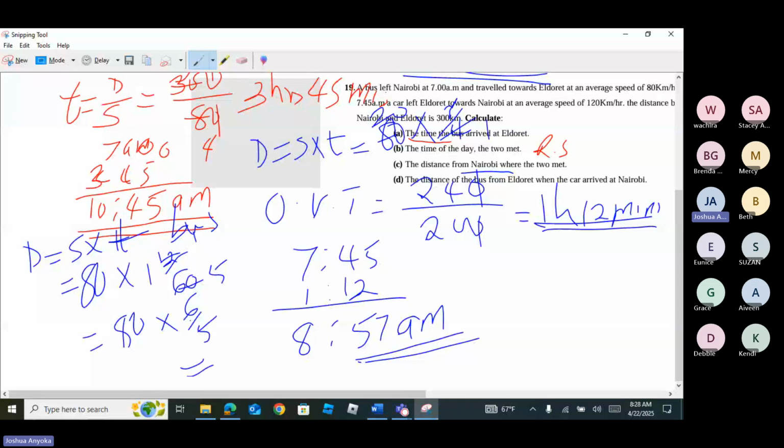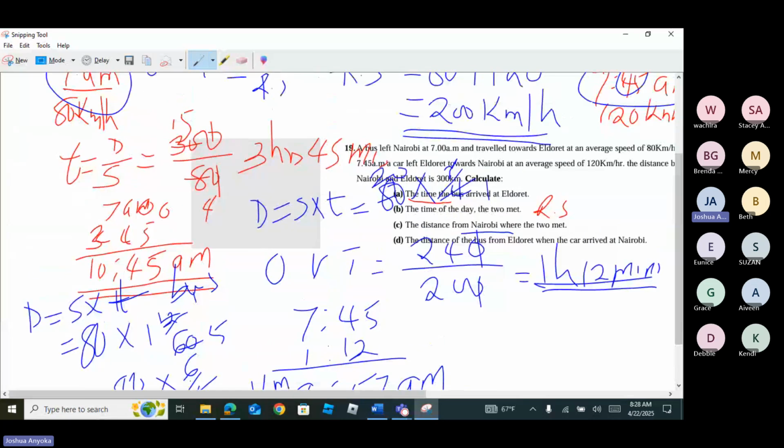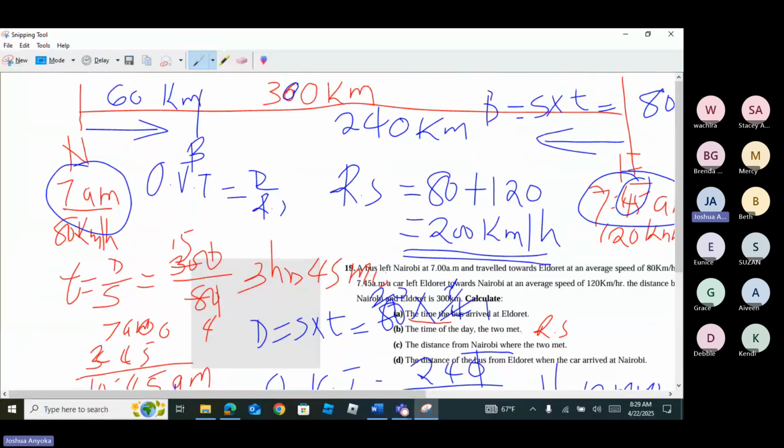And this one gives us what? Those who have calculators? 96. 96 kilometers. Yes. Remember, this 96 is not the actual distance. If we get back to our diagram, 96 will be somewhere here after covering 96 kilometers.